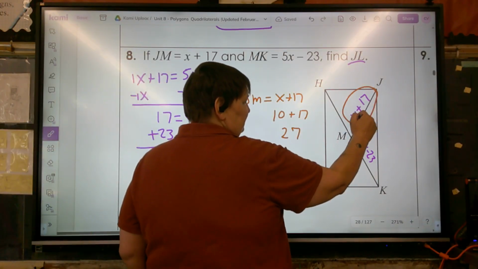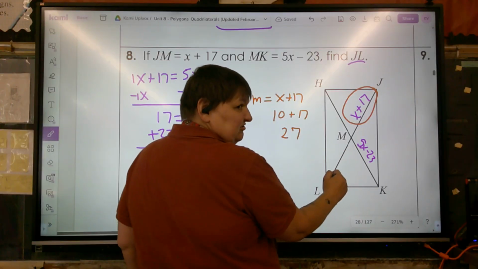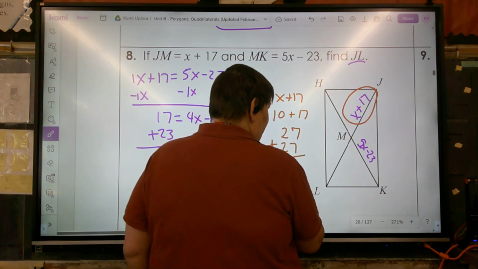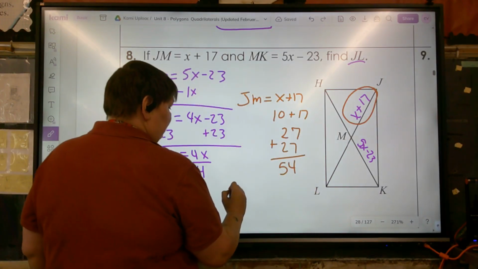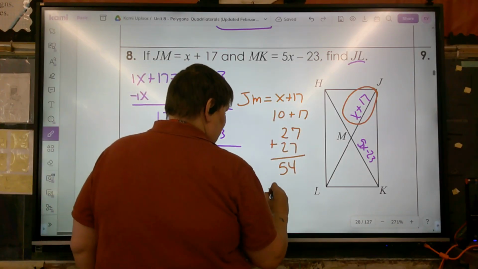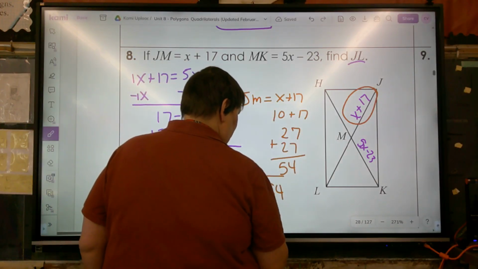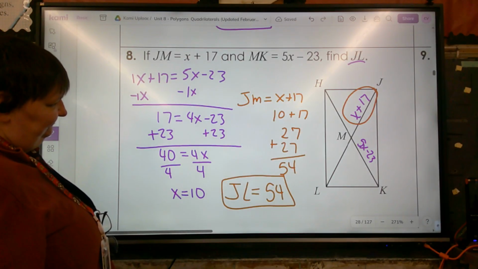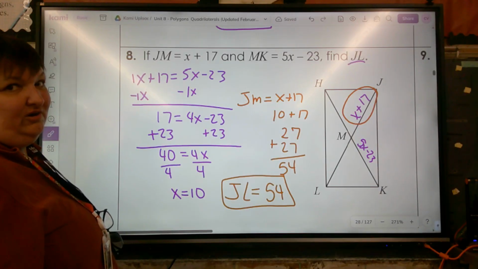So if this side is 27, then this side is also 27. And 27 plus 27 is 54. So JL is 54. Make sure you show your work, or I'm not giving you credit.